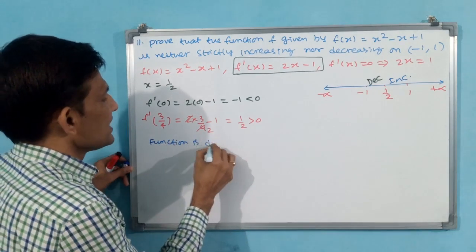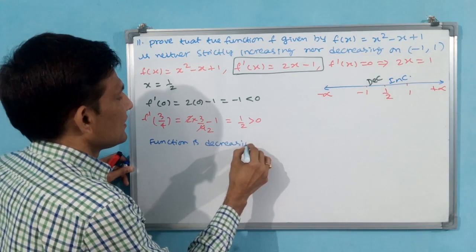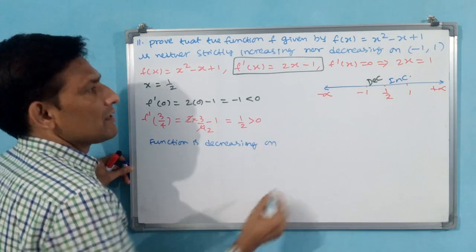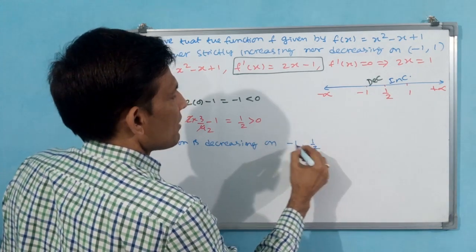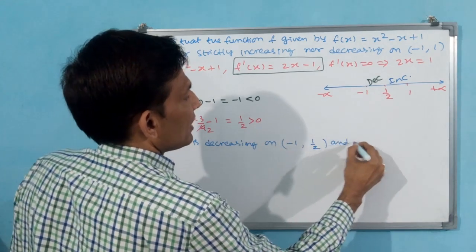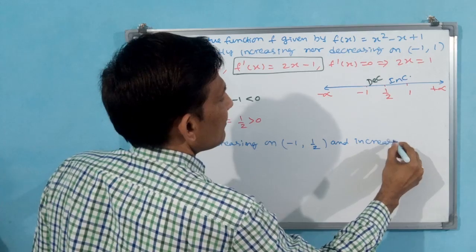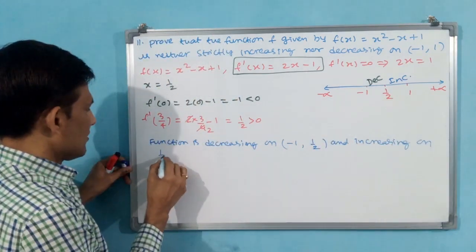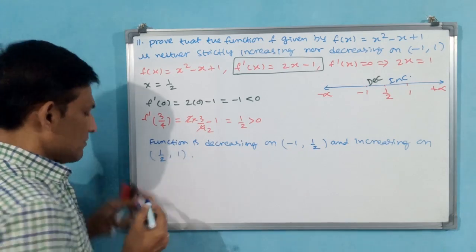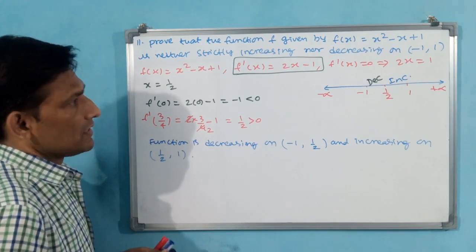Okay, the function is, write down, the function is decreasing on minus 1 to 1 by 2, and increasing on 1 by 2 to 1. Okay, this you write first.